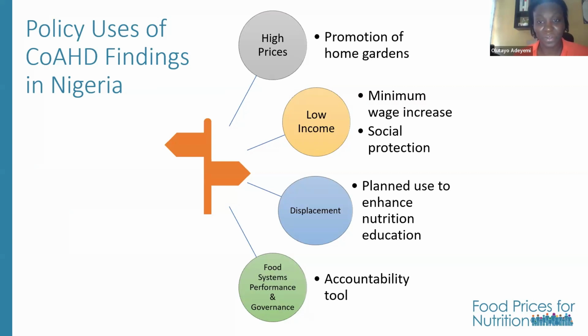We found high prices, we found low income. We've also seen displacements, but the aspect about displacements is still a planned decision, so I'll talk about how we plan to use that data. And then the data is also being used to improve food systems performance and governance, so to track food systems performance and governance.